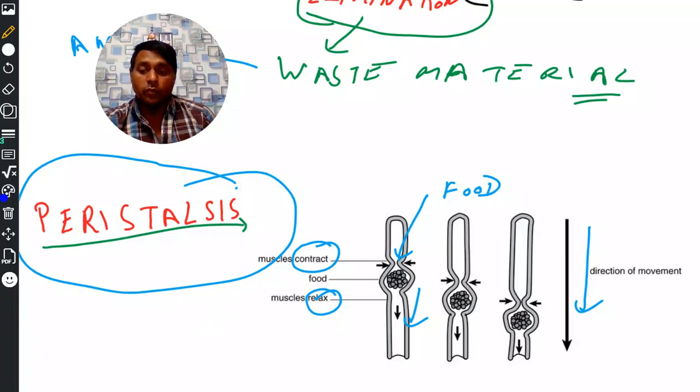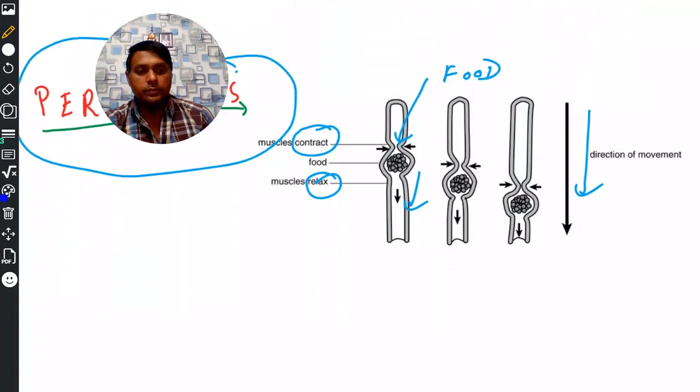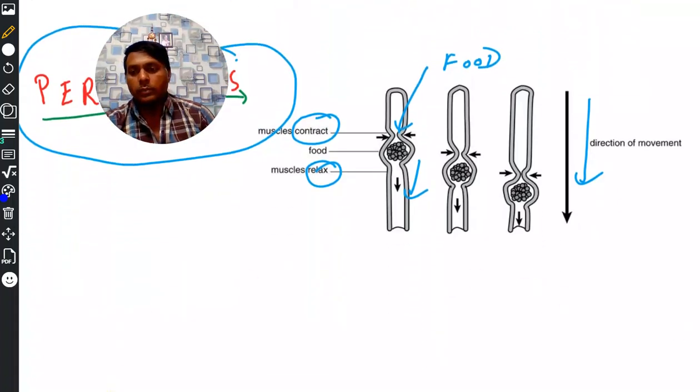This is a process in which the food goes downward towards the stomach. Do you know this thing? Is this clear to you? Okay, let me move further on the new whiteboard.